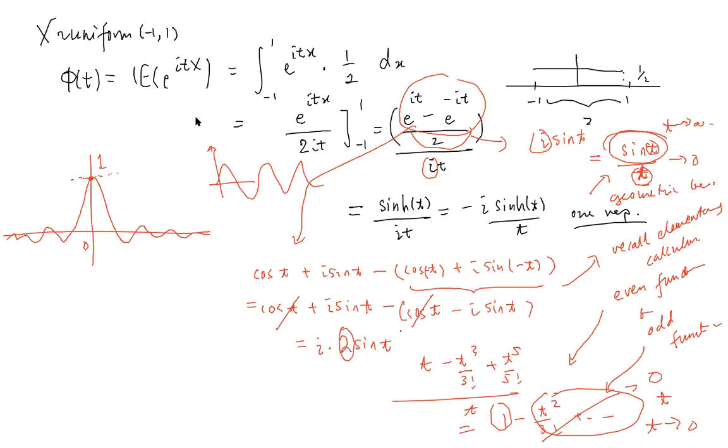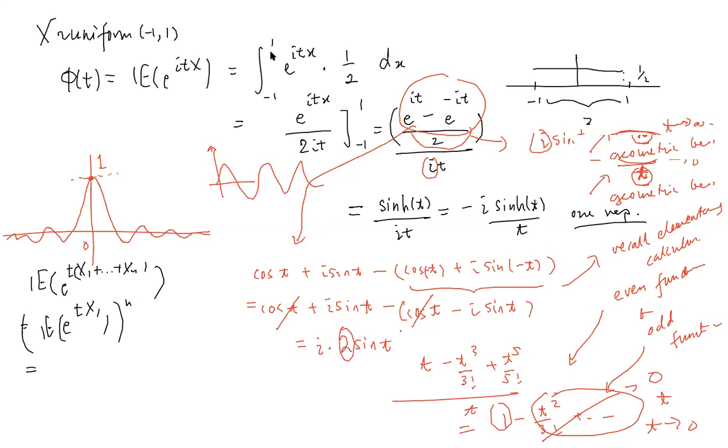And of course, if you want to find E of e to the i t (X1 + ... + Xn), that would basically be just E of e to the i t X1, raised to the power of n. If you use this representation, you will just have sine t over t raised to the power of n.